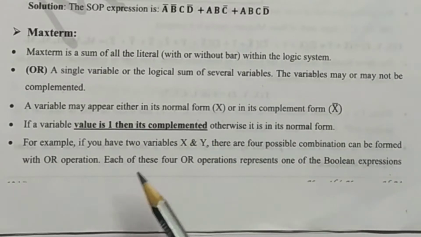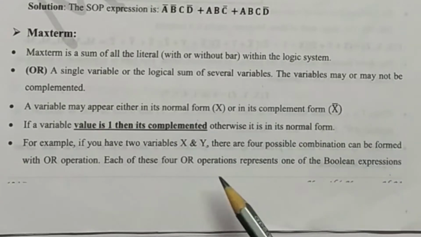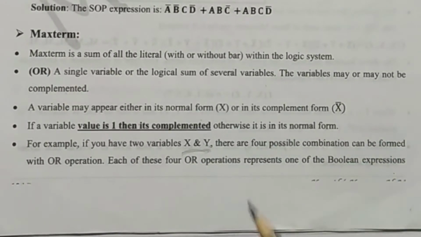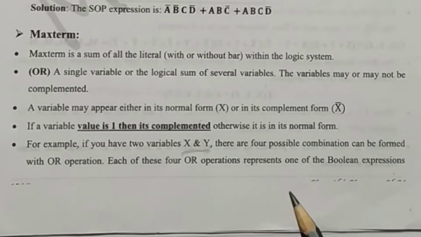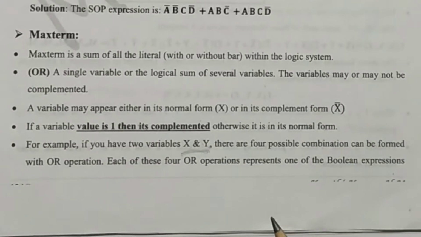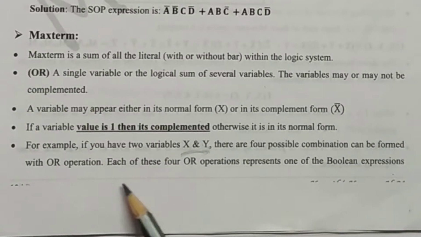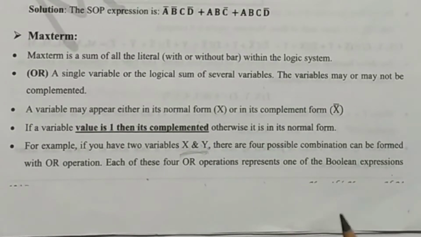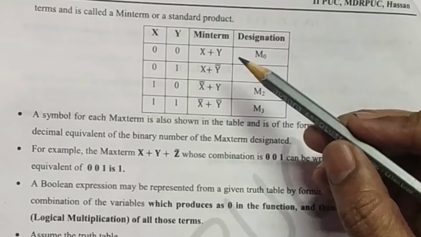For example, make the assumption you have two variables x and y, then there may be 4 possible combinations. Each of these 4 combinations represents one of the Boolean expressions. We will see those expressions.